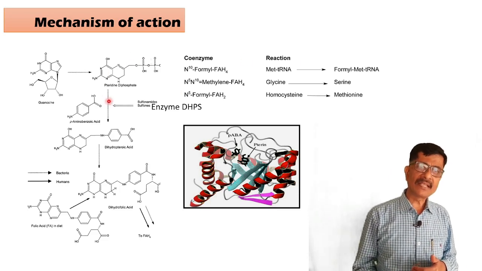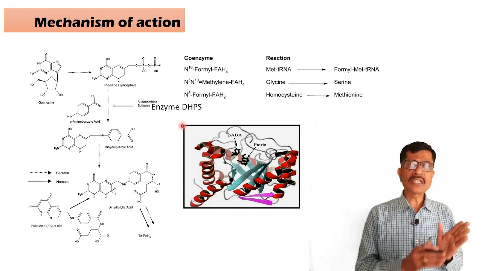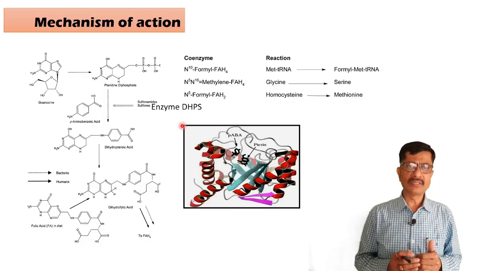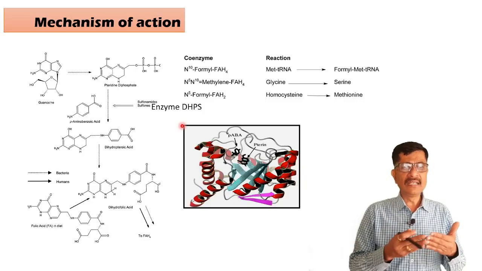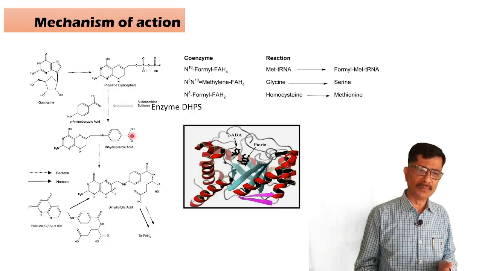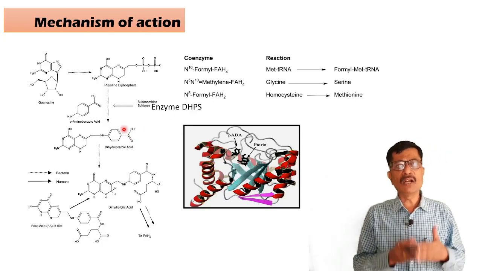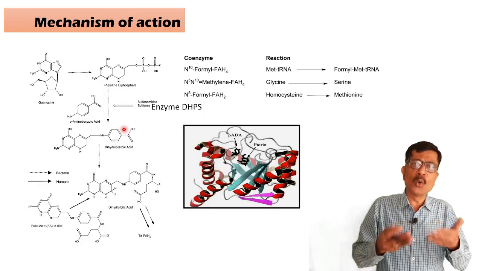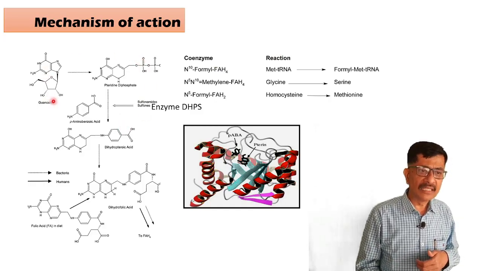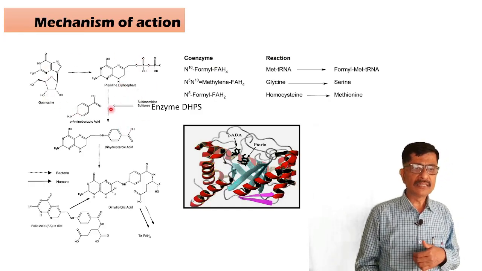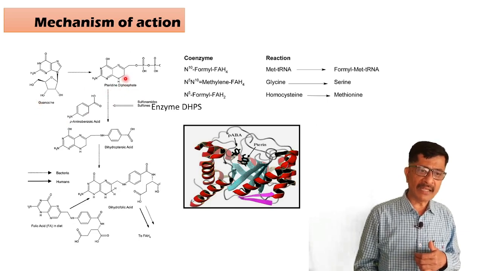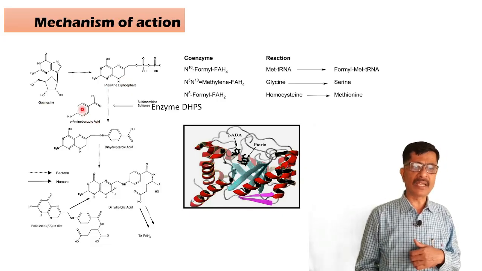But the bacterial cell is not permeable to the folic acid which humans receive. Bacteria are parasites, but their cell wall does not let folic acid through from the humans. So bacteria have to generate their folate coenzymes on their own, and they do it by this pathway, using guanosine triphosphate derived pterin diphosphate and para-aminobenzoic acid.